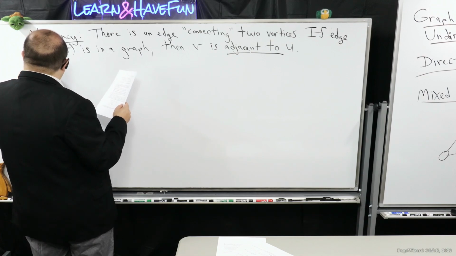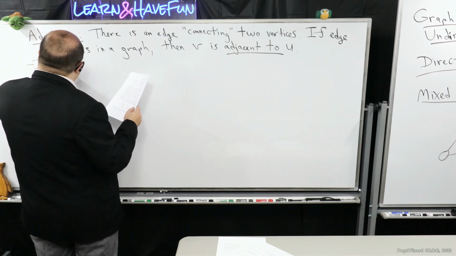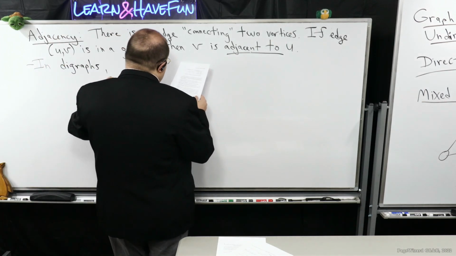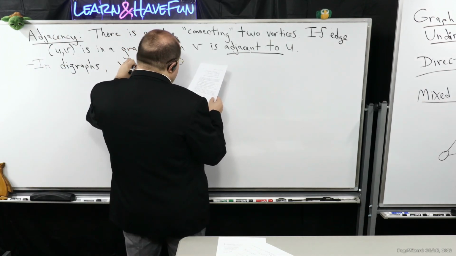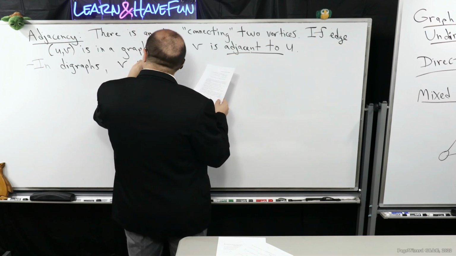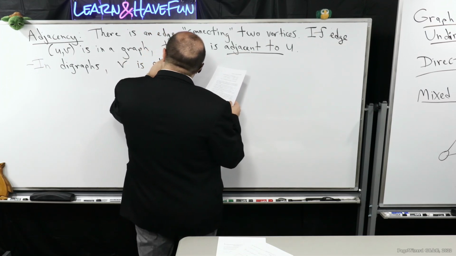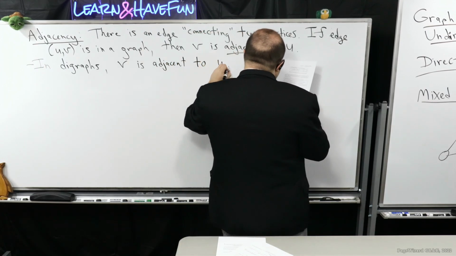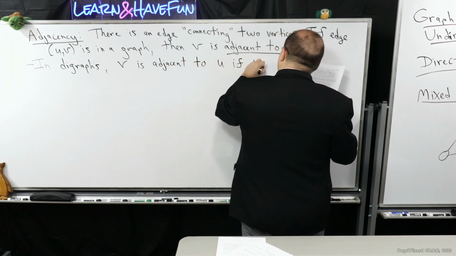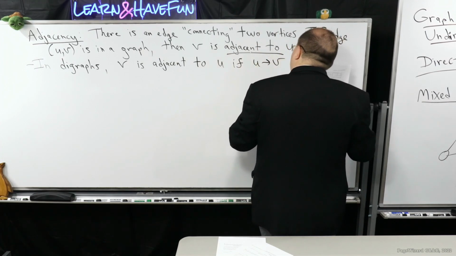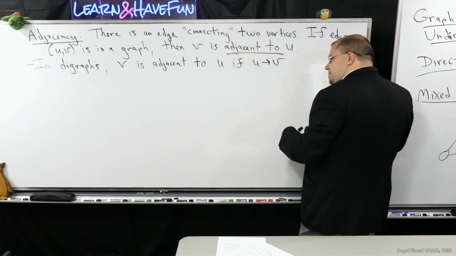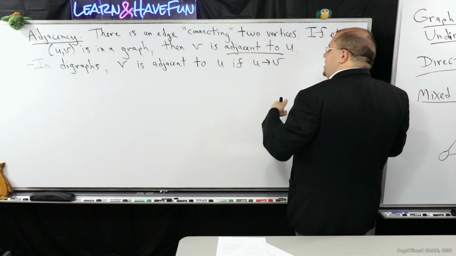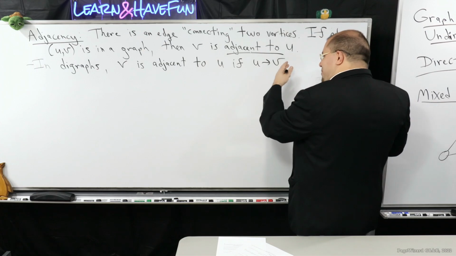So in digraphs or directed graphs, v is adjacent to u if you can go from u to v, meaning you could get to v through u.